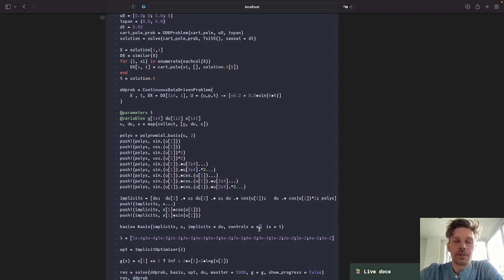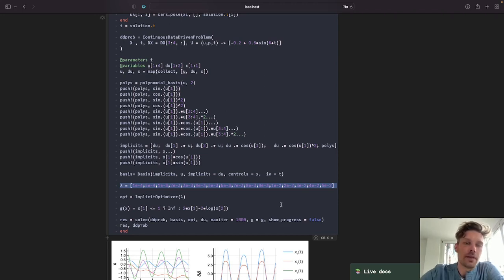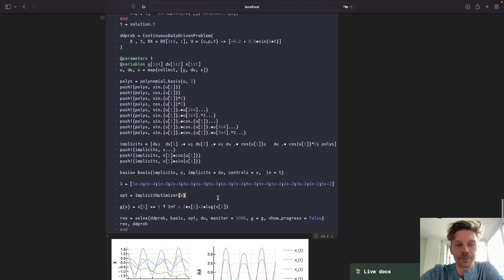Then we have also controls in the form of another vector and the independent variable t. Given that we don't know the perfect threshold for sparse identification, we have to iterate, or basically enumerate many different penalties. This is also done efficiently by just passing a vector here.